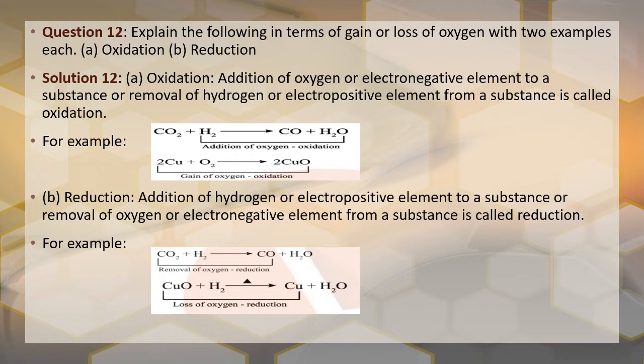Remember, oxidation and reduction take place simultaneously at a time. Therefore, such reactions are called redox reactions. Redox is the combination of reduction plus oxidation. So, redox reactions are reactions where both reactions take place simultaneously.